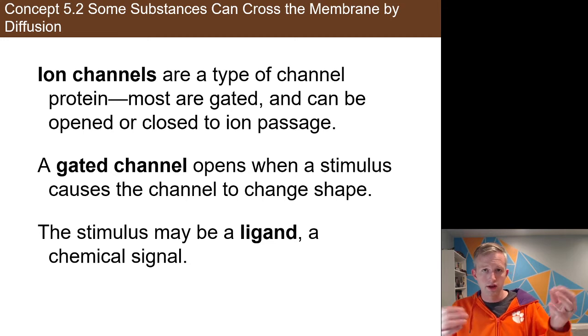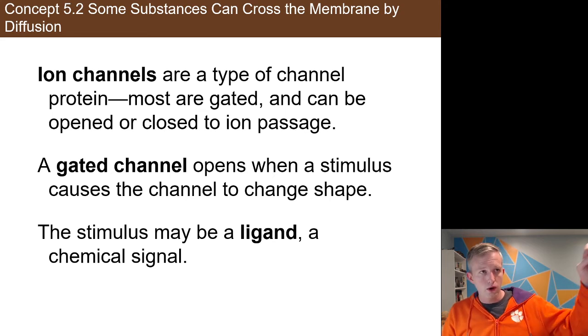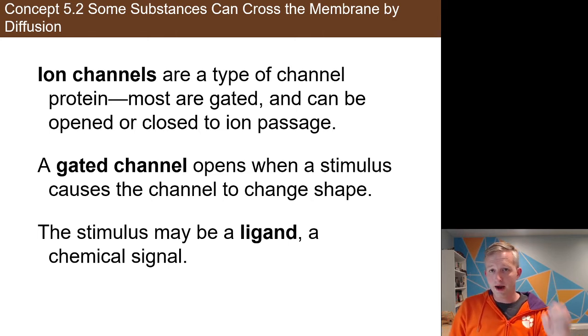So for instance, when you touch something, you can feel that because that physical pressure is allowing certain gated channels to open. Other channels can be controlled by electrochemical balance, so that if a whole bunch of ions in one region of the cell enters into the cell and makes the cell positive, that can then open a voltage-gated channel, which allows other things to move in or out and basically propagate the signal.